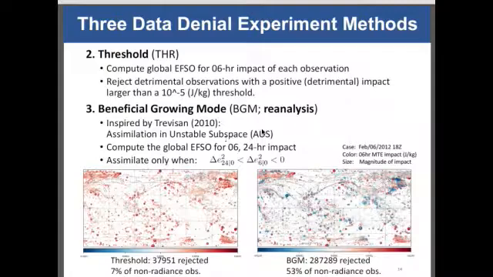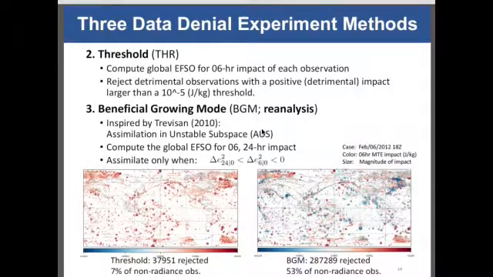The rejected observations are shown here, and the colors are for the 6-hour EFSO. We can see that a lot of observations that were beneficial in the beginning are getting rejected. And by rejecting them, we can see that the forecast actually improved. That's 50% of the non-radiance observations.